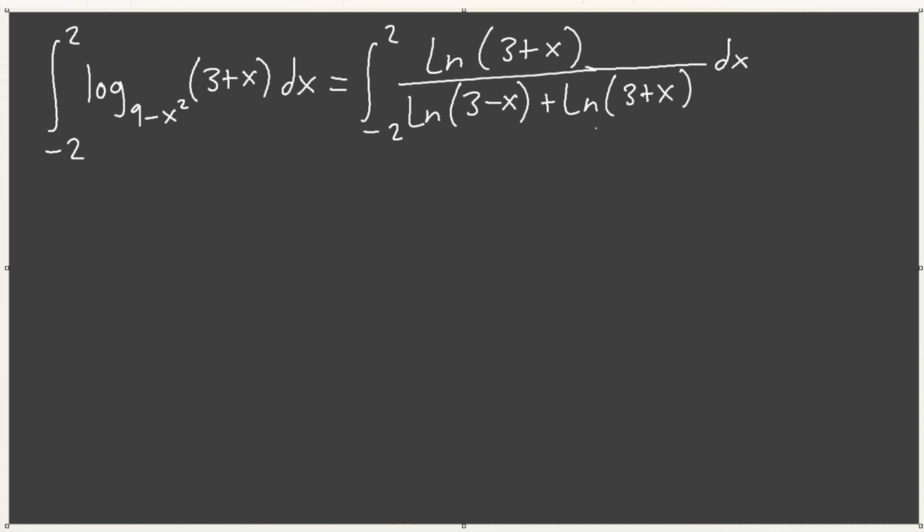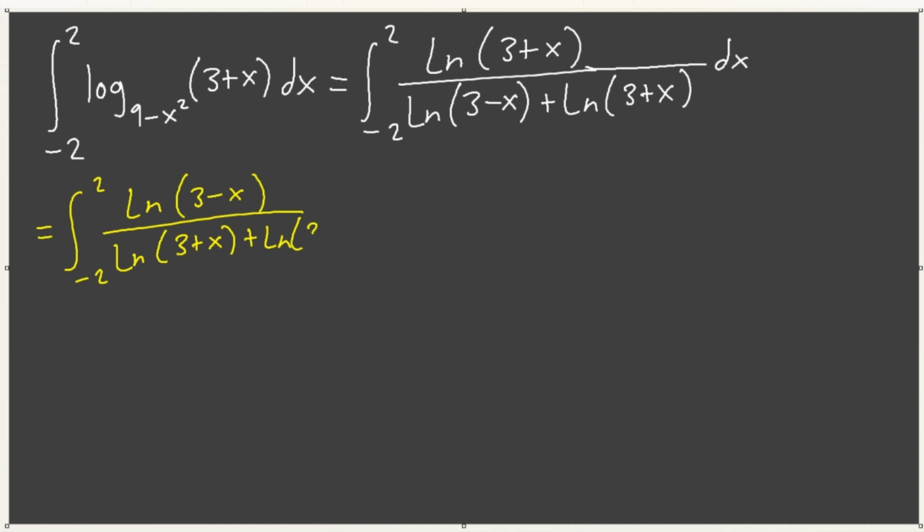And now you can see, if we apply u equals negative x, it's going to look exactly like King's rule. So this is equal to the integral from negative 2 to 2 of ln of 3 plus x plus ln of 3 minus x. The denominator is still the same.